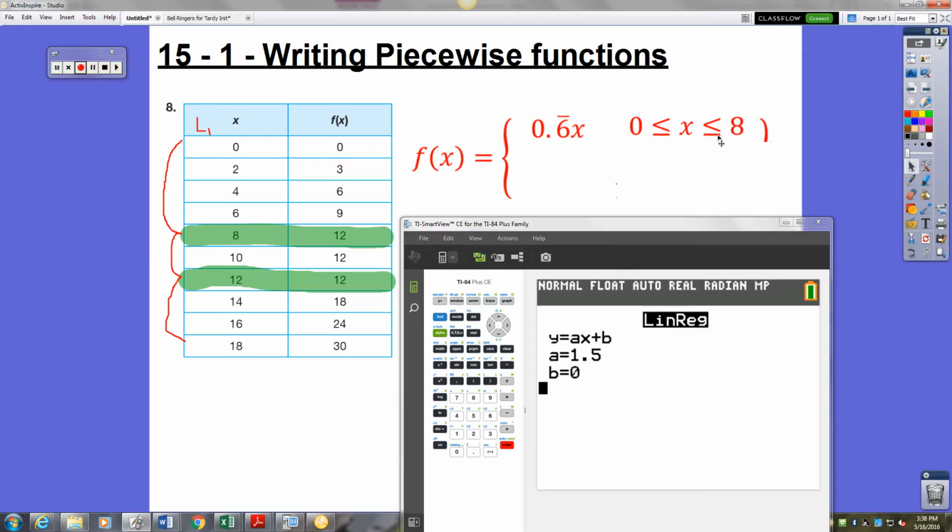So the next interval is from 8 to 12. Now we already have an equal bar with this 8, and every new interval picks up where the other one left off. So this ended with 8, it picks up at 8, but no equal bar because this 8 already had an equal bar. So the 12 gets one.